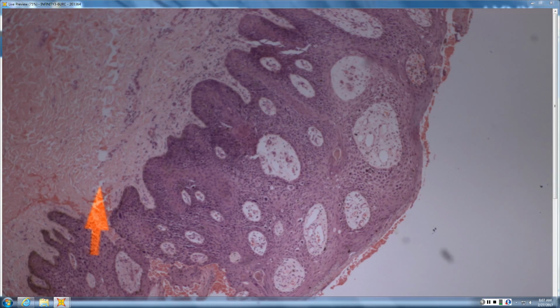So the term Bowenoid papulosis was coined at the AFIP at a time when women were getting radical vulvectomy for little papules that the clinicians were saying were more like warts. And to prevent radical vulvectomy, which was inappropriate therapy, the term Bowenoid papulosis was coined.